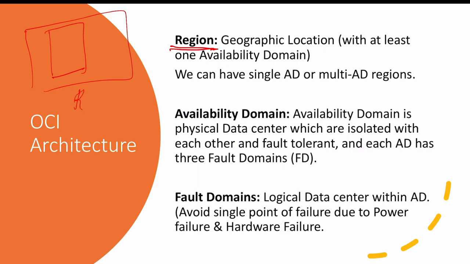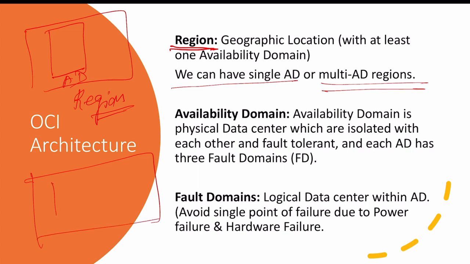So within the region we have availability domains. We can have a single-AD region or a multi-AD region. Multi-AD region means it can have more than one AD. In most cases we will have 3 ADs within a region.